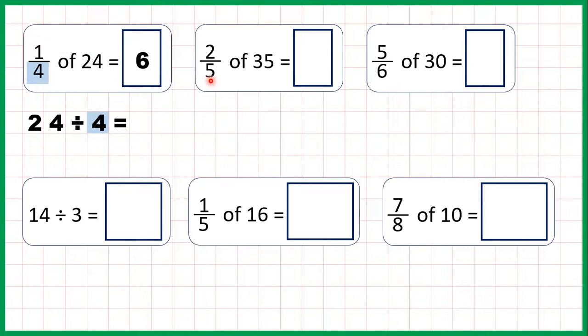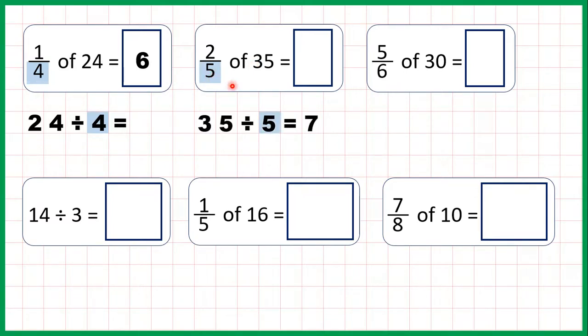Now find 2/5 of 35. So here we don't have a unit fraction. So we need to start by dividing by the denominator, but then we need to take that answer and multiply it by the numerator. So we can work out 35 divided by 5.